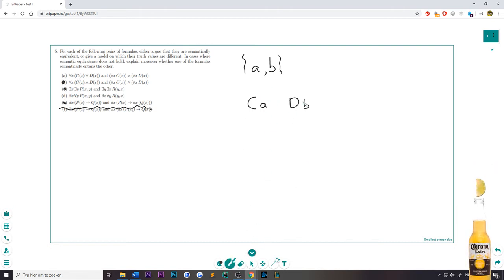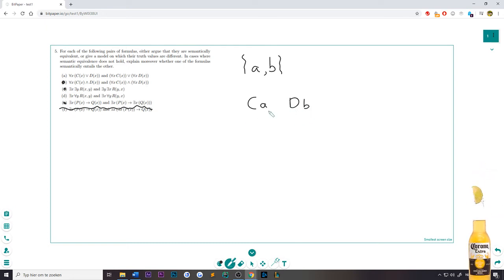But then this doesn't hold for the second one anymore, because the second statement is saying that for all x, we only have C's, or for all x, we only have D's, which is not the case here. We do have that all x are C or D, but clearly not all x are C because we have a D here, and not all x are D because we have a C here.